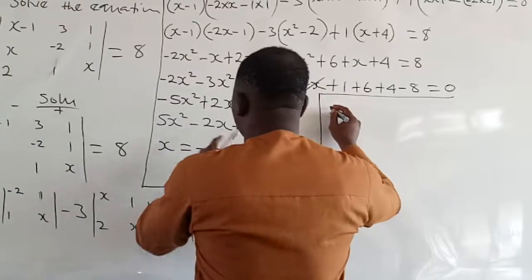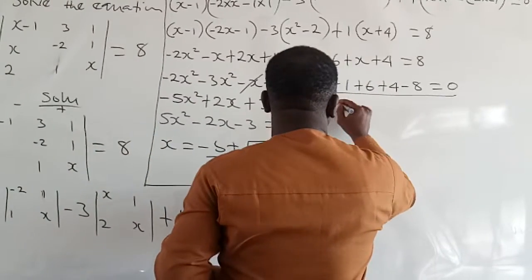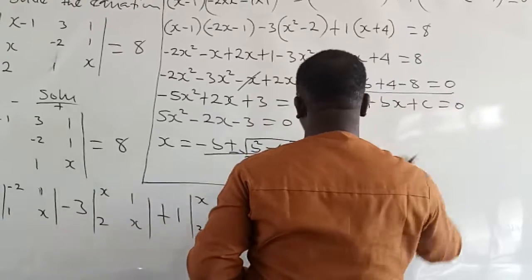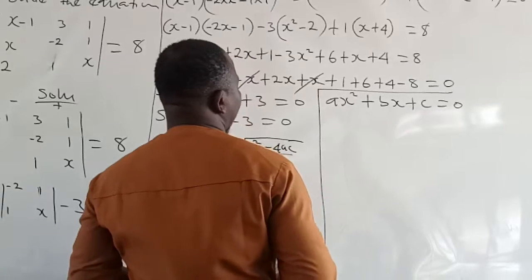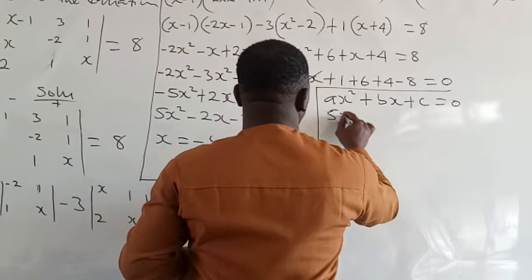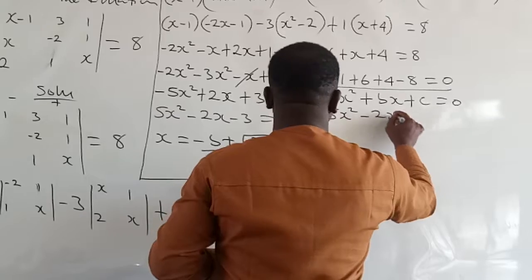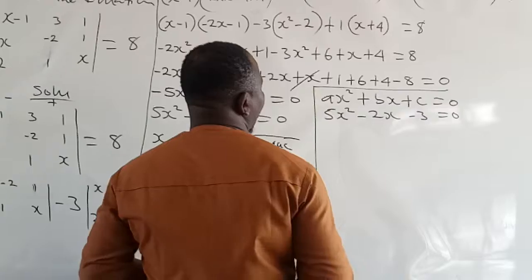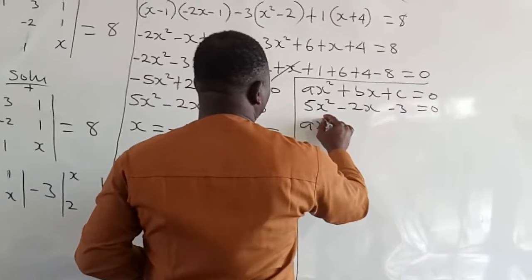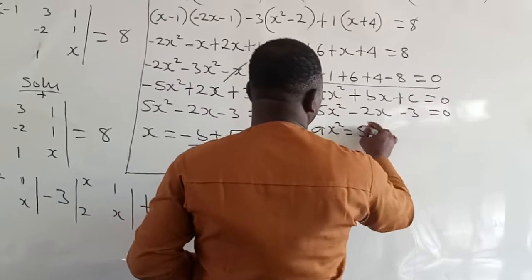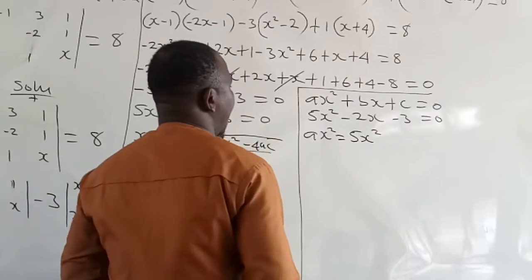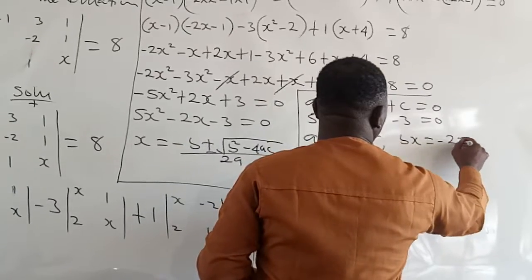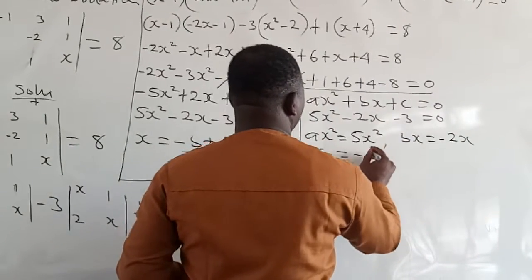Let's compare this equation with ax squared plus bx plus c equals 0. Compare it with 5x squared minus 2x minus 3 equals 0. It implies that our ax squared is equal to 5x squared. Is that clear? Then our bx is equal to minus 2x, and our c is equal to minus 3.